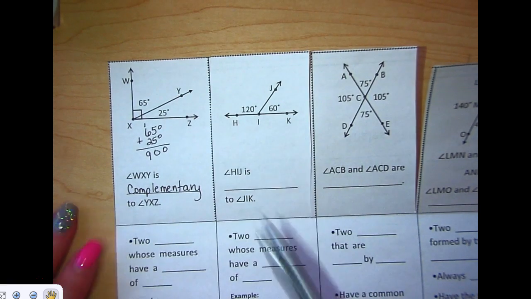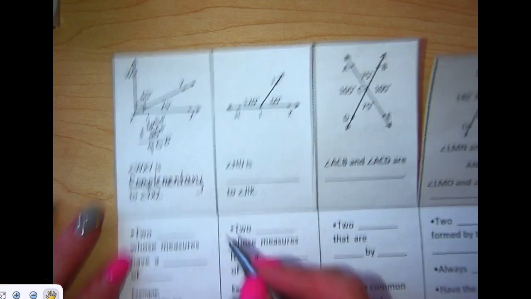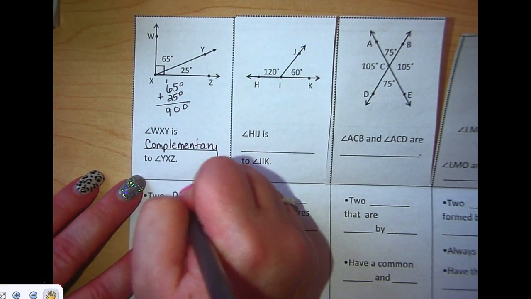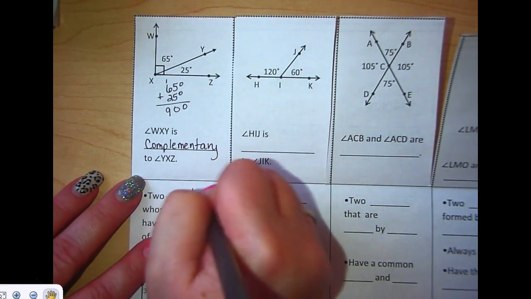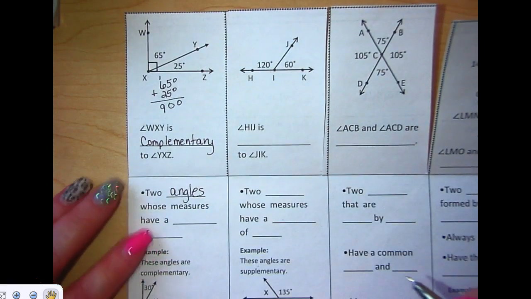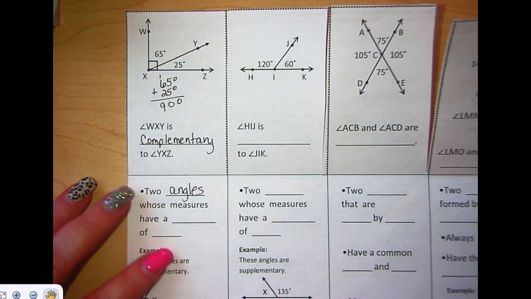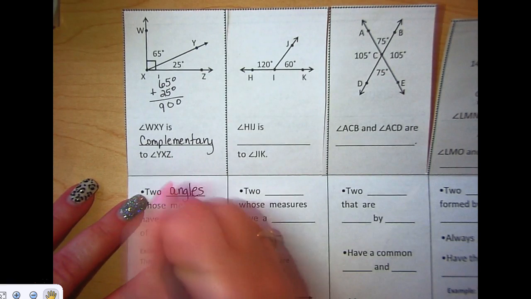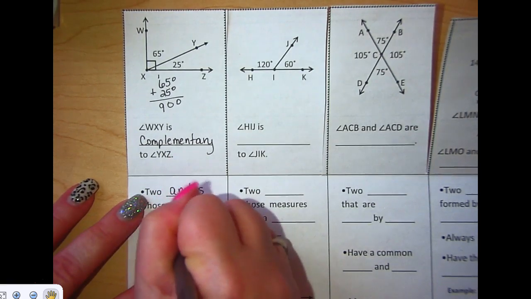That's the way you look at those. So, the definition is two angles whose measures have a sum of 90 degrees.